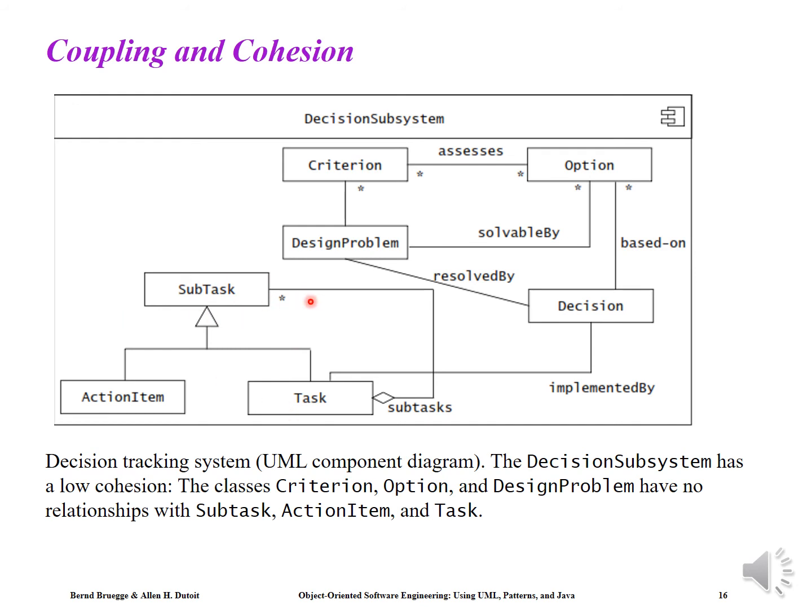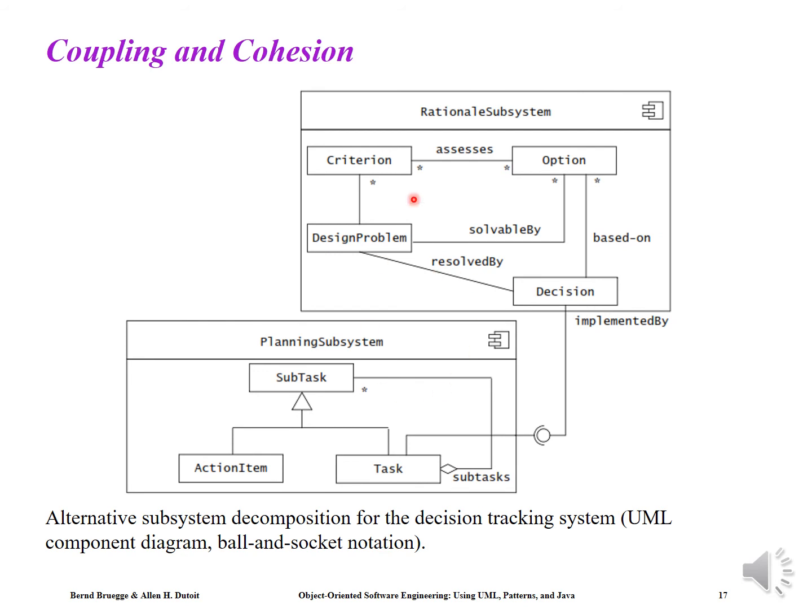So in cohesion, the classes within one subsystem are tightly associated with each other. So what we do, we decompose the decision subsystem into two subsystems.